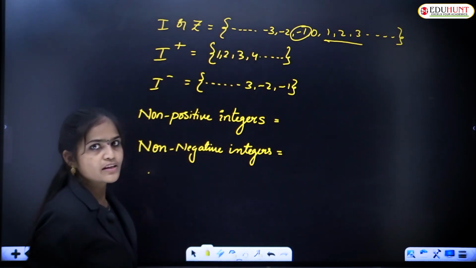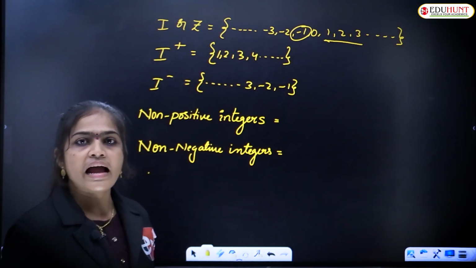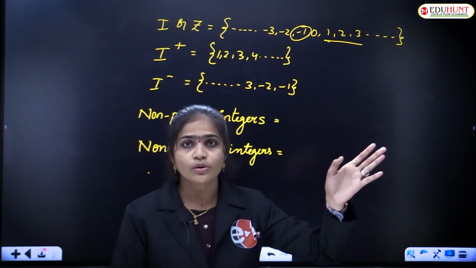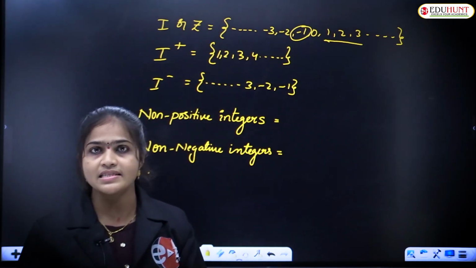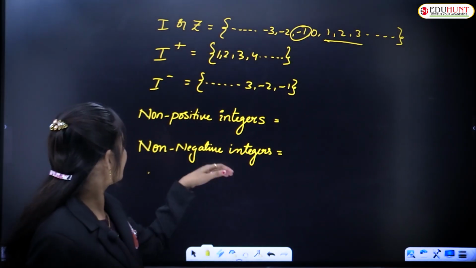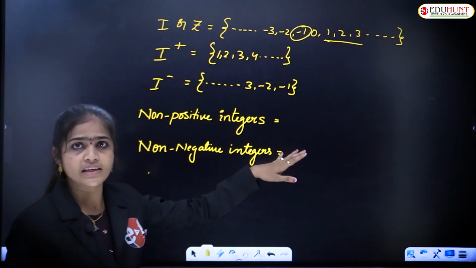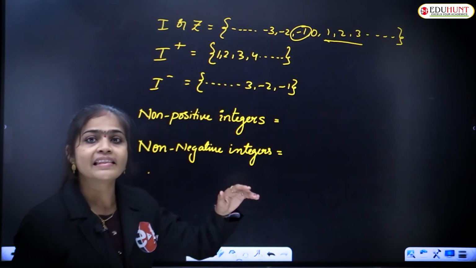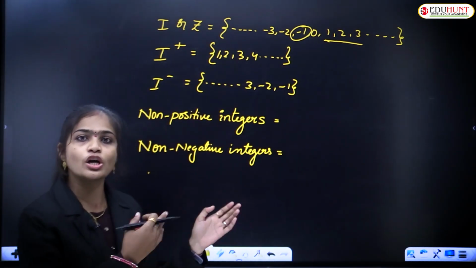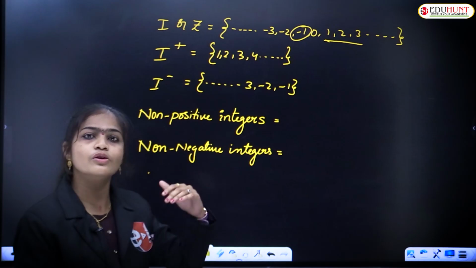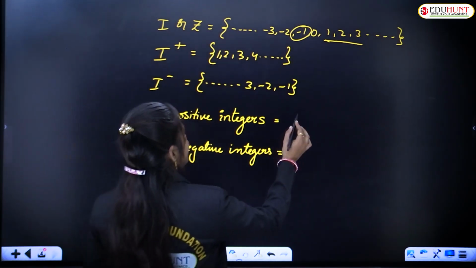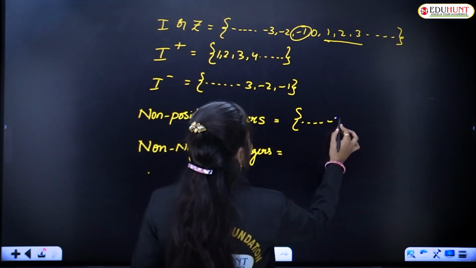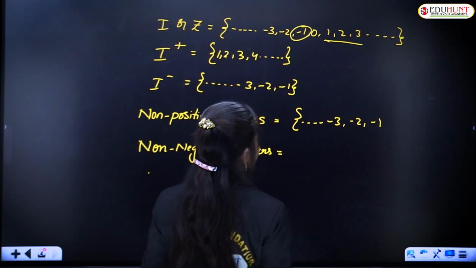So we know that 0 is neither positive nor negative, and the leftover in integers are positive integers and negative integers. They are asking about non-positive integers. Non-positive means the numbers which are not positive. Which are not positive means negative only. So negative integers -3, -2, -1.